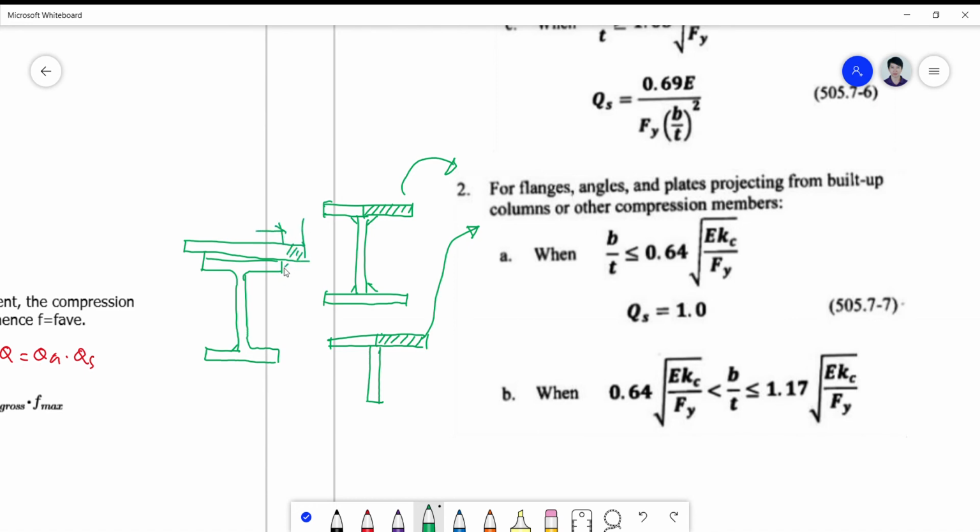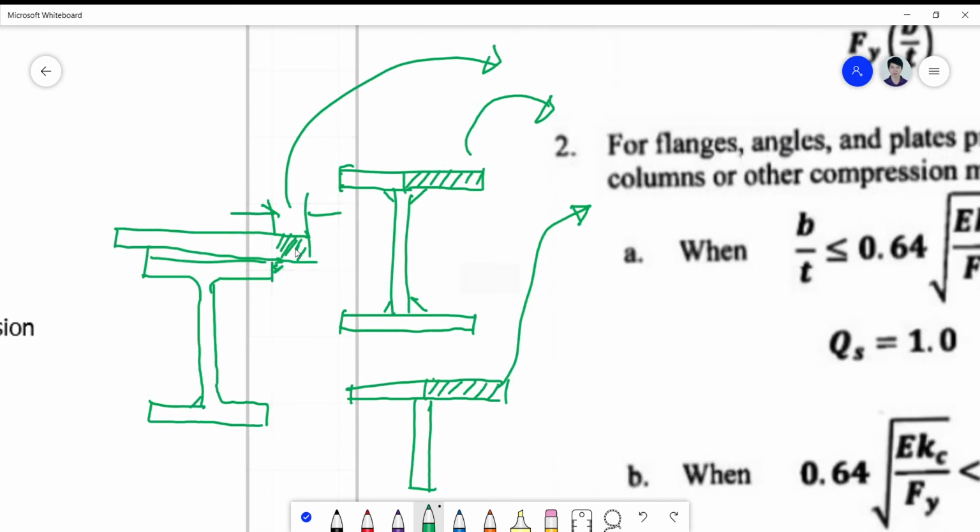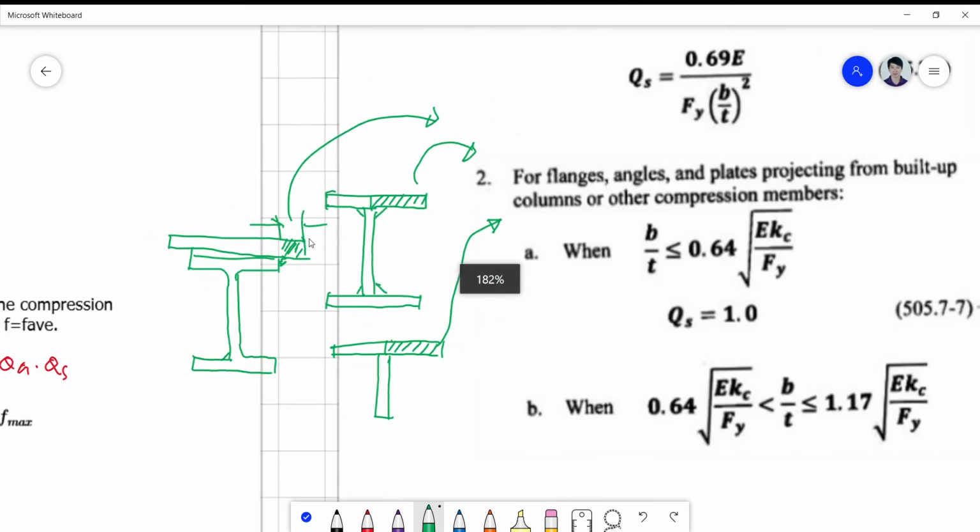This is welded there. This can be considered a plate projection on this built-up shape. Take note that we are now concerned with this plate, not the flange of this rolled shape here, because this is very stiff already upon adding an element on top of it.